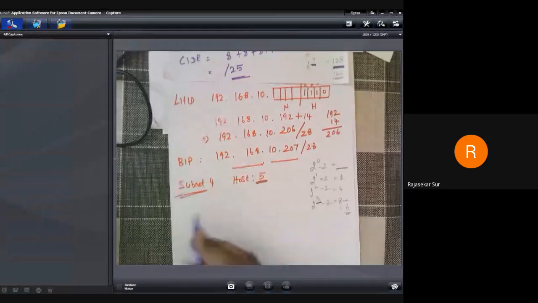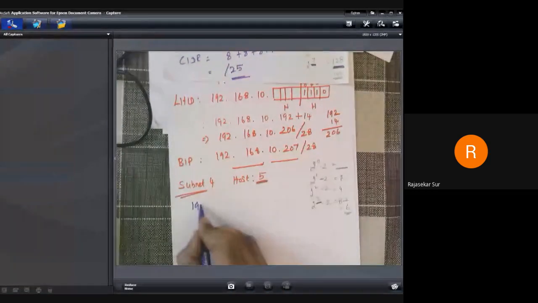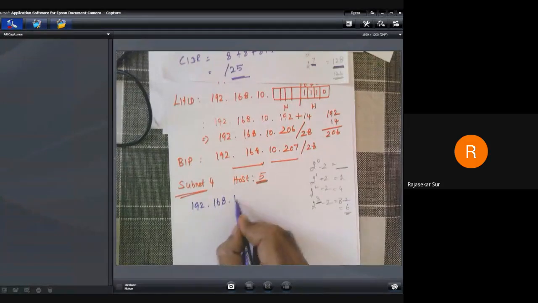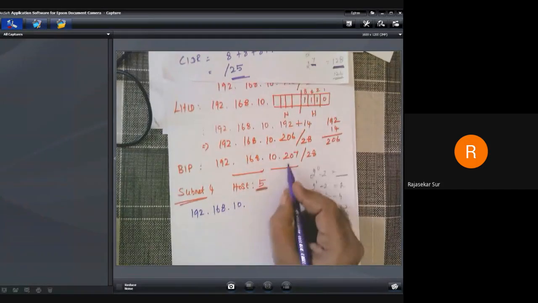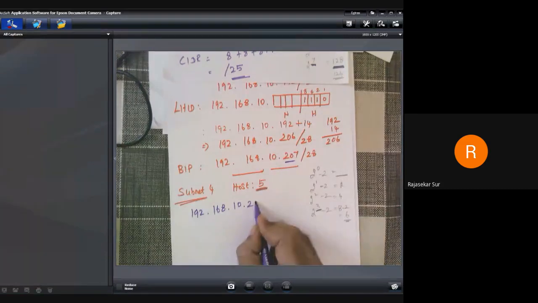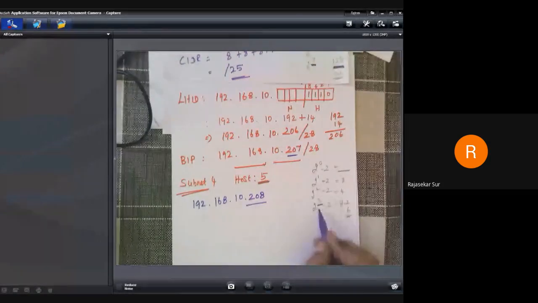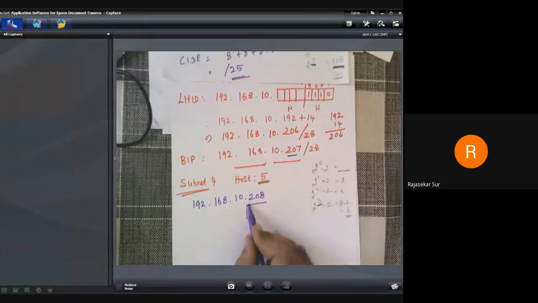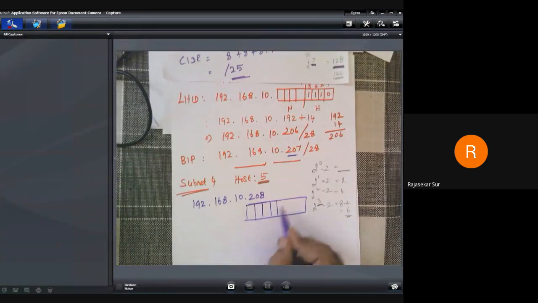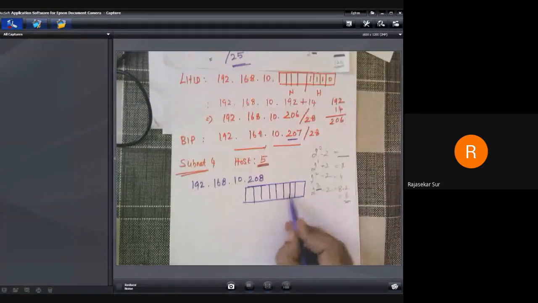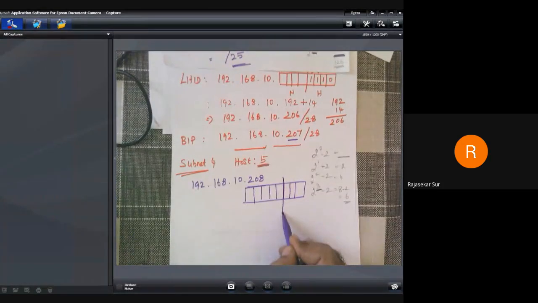Now you can see in the first part 192, second part 168, third part 10. We finished at 207, so we have to take 208. In this 208, in the last part, only 3 bits are enough for the host. So I make 8 bits here: 1, 2, 3, 4, 5, 6, 7, 8. In the 8 bits, only 3 bits are enough for the host.